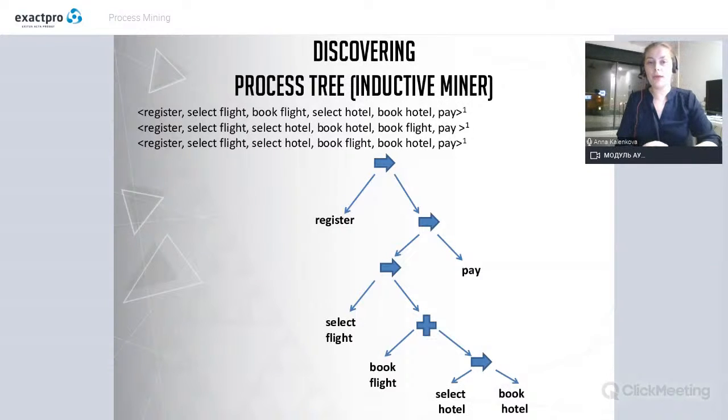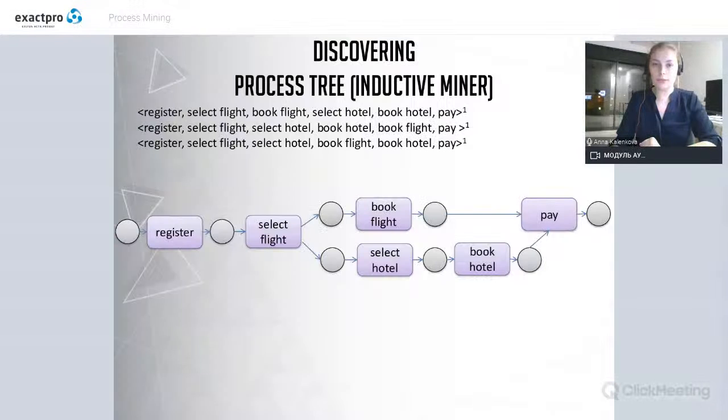It says, okay, I do register, and then I do something that is the right part of this tree. And here we say, okay, I have to do in sequence. So there is a sequence of events. First, this sub-process, this subtree, and then pay, and so on. And here we say that book flight and this subtree, this sub-process, are executed in parallel. So this can also be represented as a Petri net.